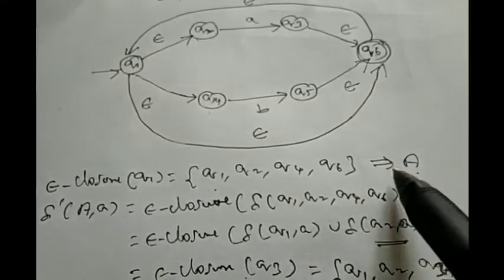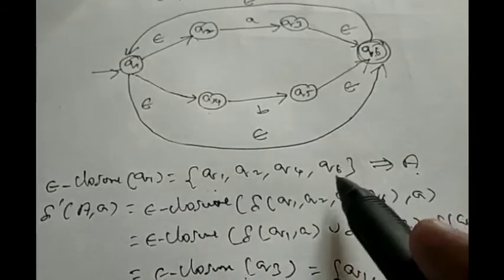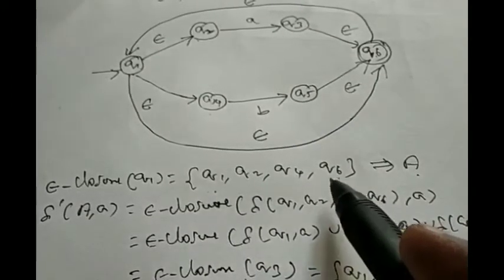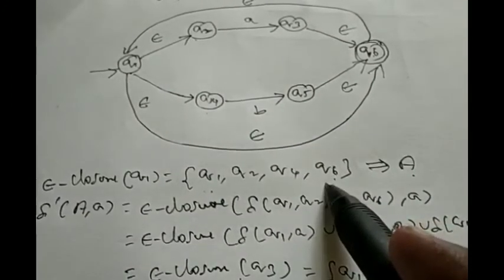In the original diagram Q6 is the final state. So wherever Q6 exists, that should be a final state. Q6 exists in A, Q6 also exists in B, and Q6 also exists in C. So all these states are final states.